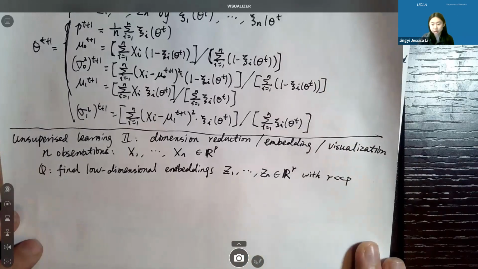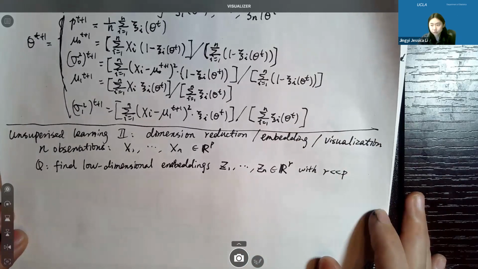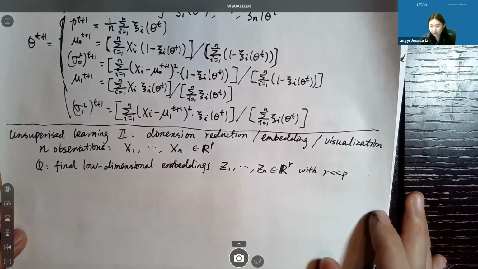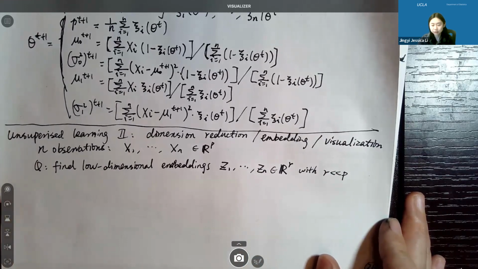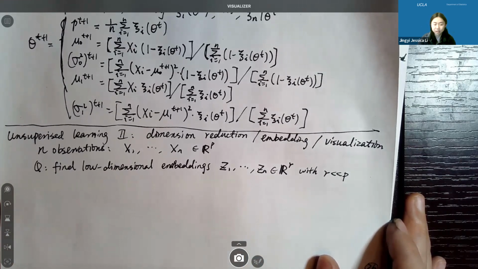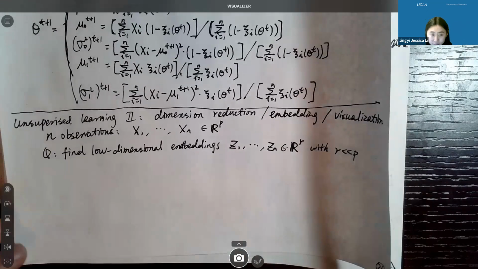So in other words, you are interested in finding the z1 to zn, and you hope that the z1 to zn, despite being in a lower dimension, r dimensions, instead of the original p dimensions, can largely preserve the signals in x1 to xn that you are interested in. Okay, so that's it. So we will start with the most classical method everybody must have heard of, PCA.